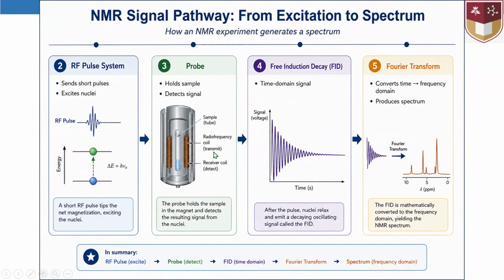In NMR spectroscopy, the compounds are dissolved in either deuterated water or deuterated chloroform based on their hydrophilicity or hydrophobicity. They are dissolved in one of them, located here in a sample tube, and around them there are radio frequency coils.